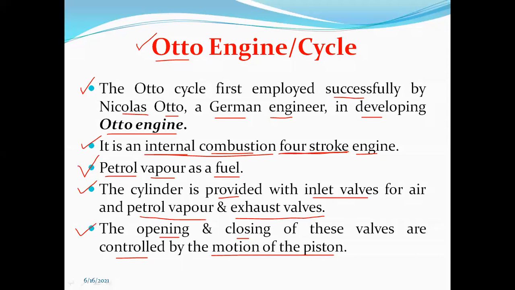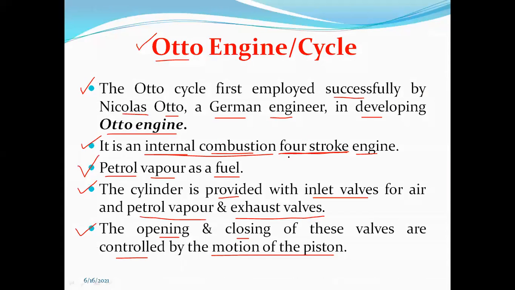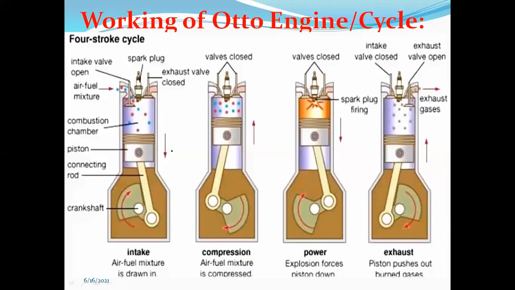After these main points, we have to understand the working of the Otto engine. As I told you earlier, the Otto engine has four strokes, so it is a four-stroke engine. In this diagram, you will be able to understand the four-stroke cycle.